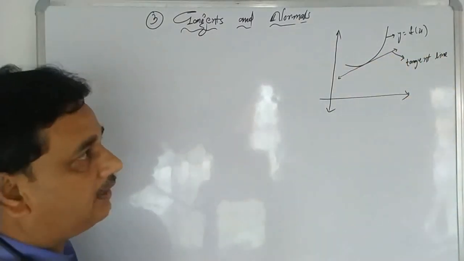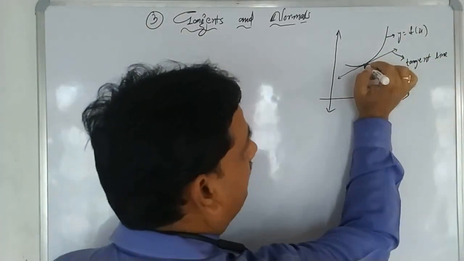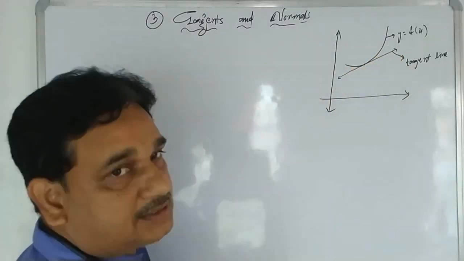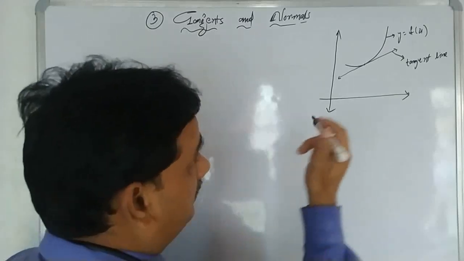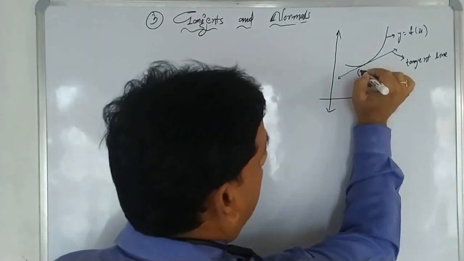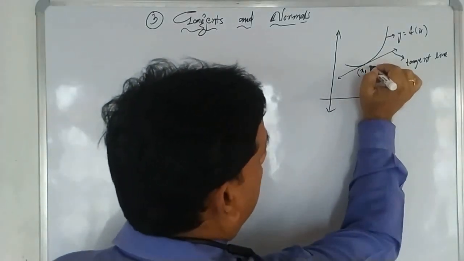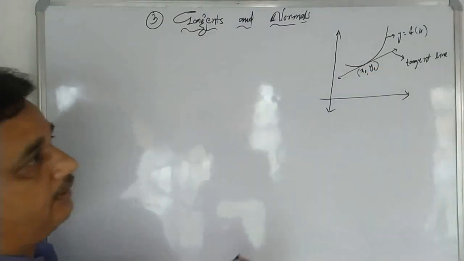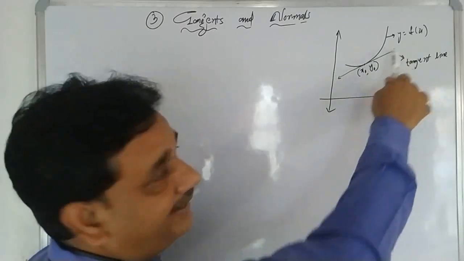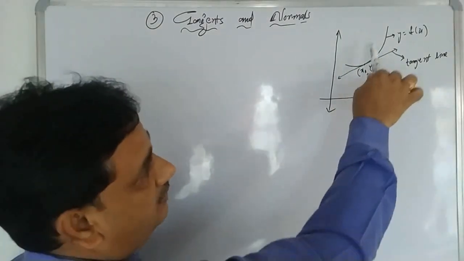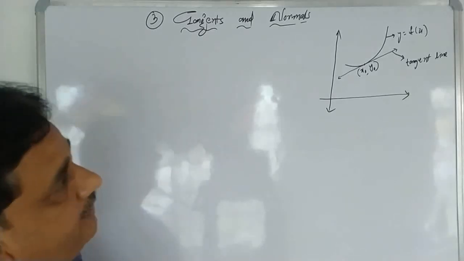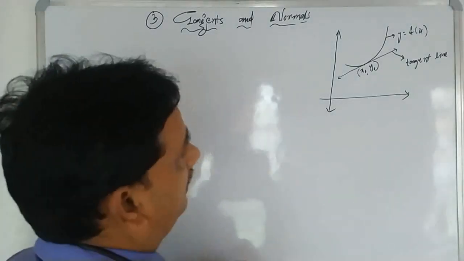Let this point, the point of intersection of the curve with this line, be x0, y0. So the tangent line intersects the curve at this point x0, y0. Now, what is normal?